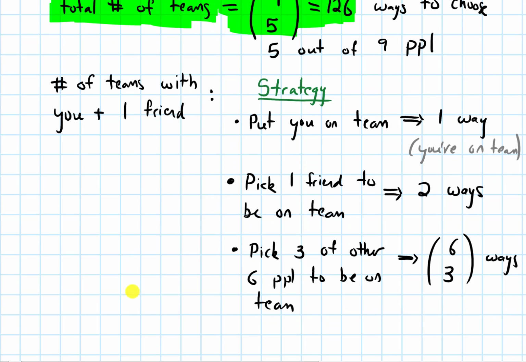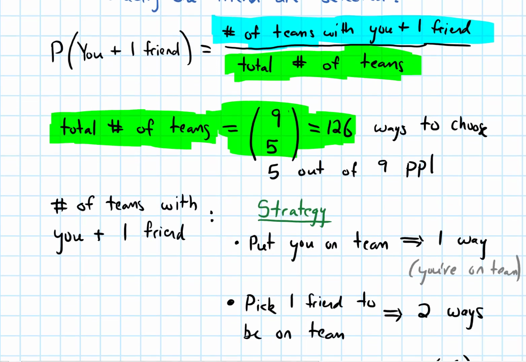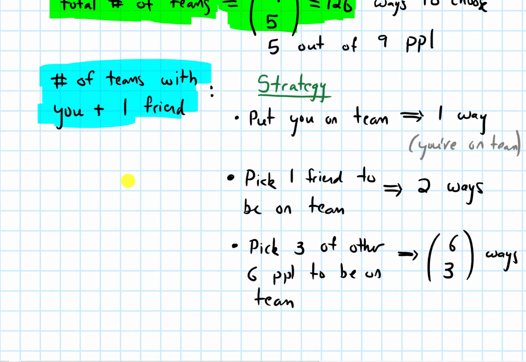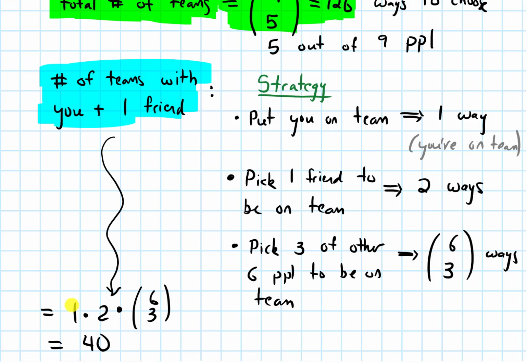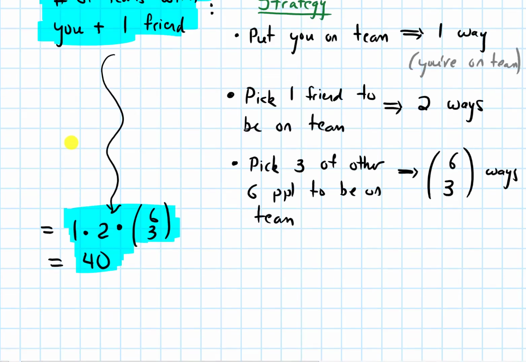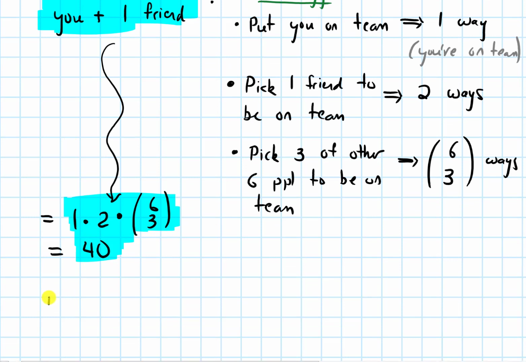All right, so we were focusing on the numerator here, which I'm going to highlight in blue. We are ready to put these values from the strategy together. So we get 1 times 2 times 6 choose 3, and if we work out what this is, we get 40. All right, so we are ready to write down our answer.